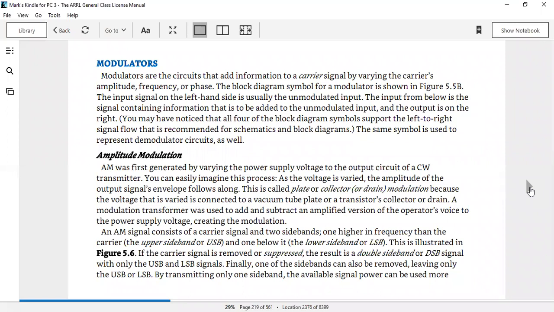We talked about this at the beginning. We talked about amplitude modulation. That's the first type of modulation other than Morse code over radio, which was the first thing.